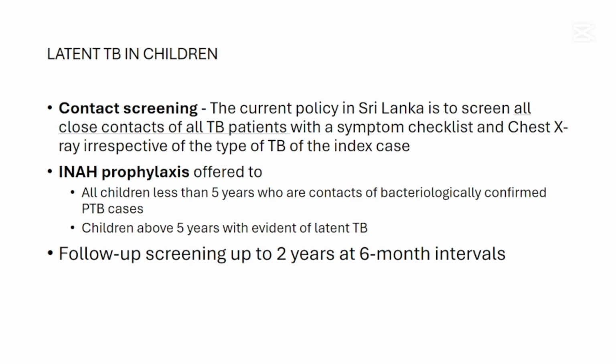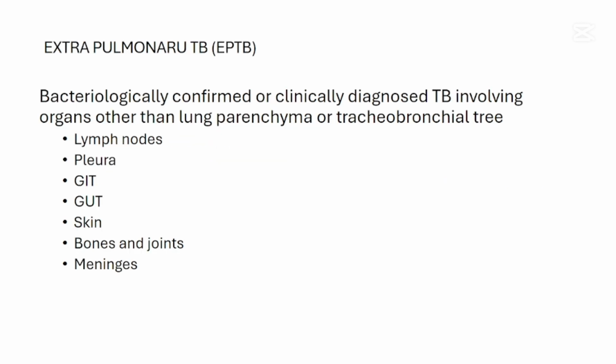Regarding INH prophylaxis, if the child is less than 5 years, we should give INH prophylaxis to every child who has contact with bacteriologically confirmed pulmonary TB. And if the child is above 5 years, we should give INH prophylaxis if they have evidence of latent TB, that means if the Mantoux is more than 10. And we should follow them up for at least 2 years at 6-month intervals.